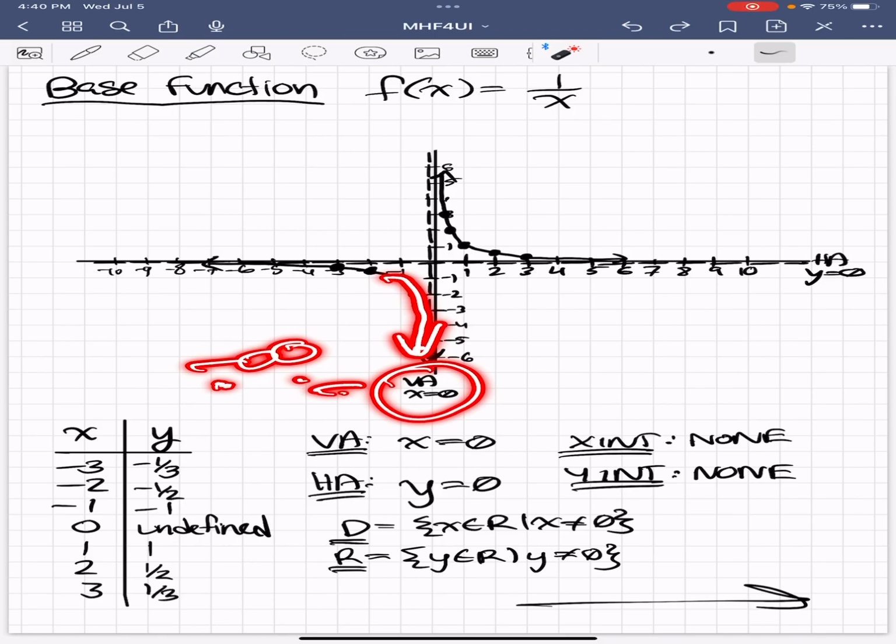See, it's going down. It's going to negative infinity as it approaches the VA.